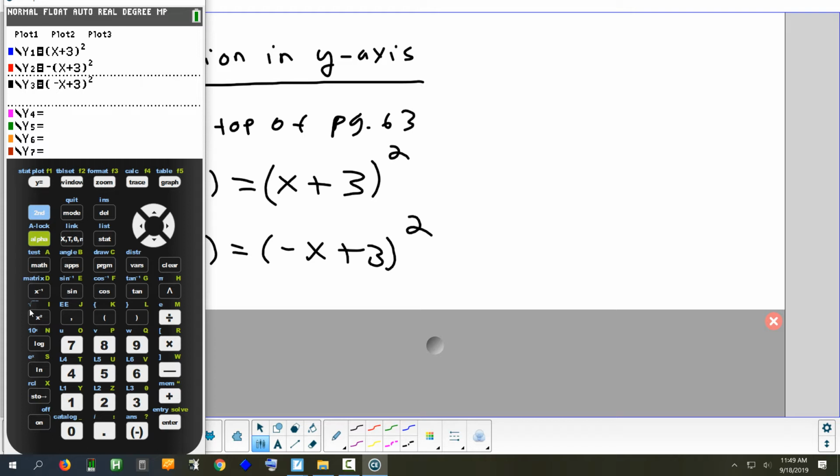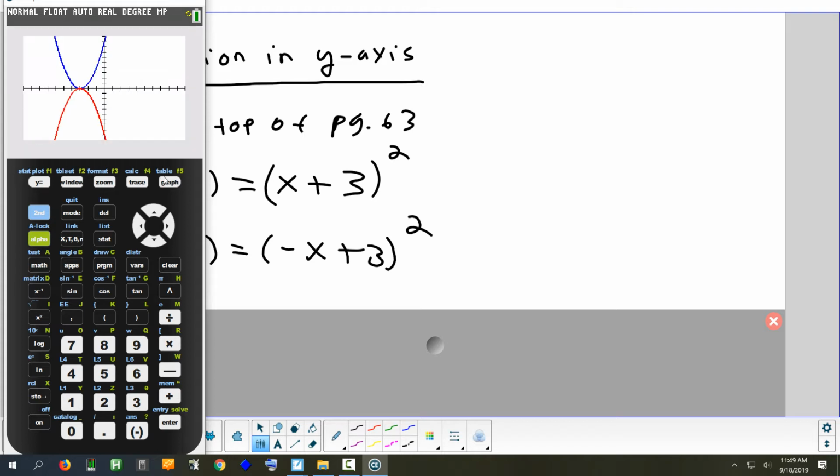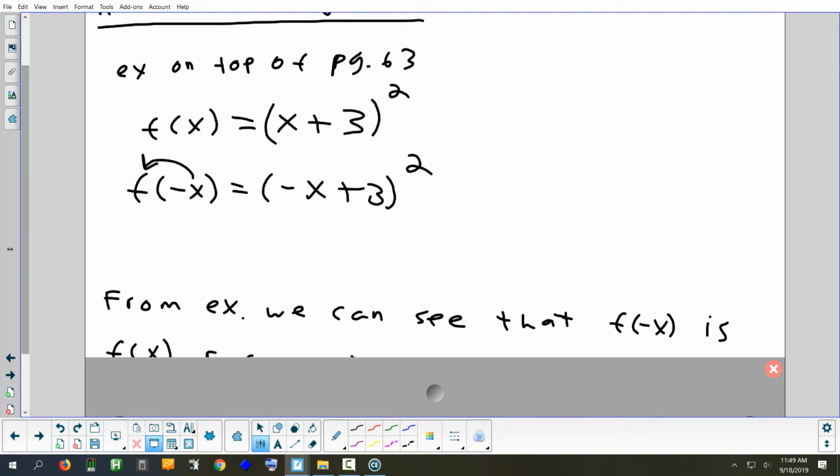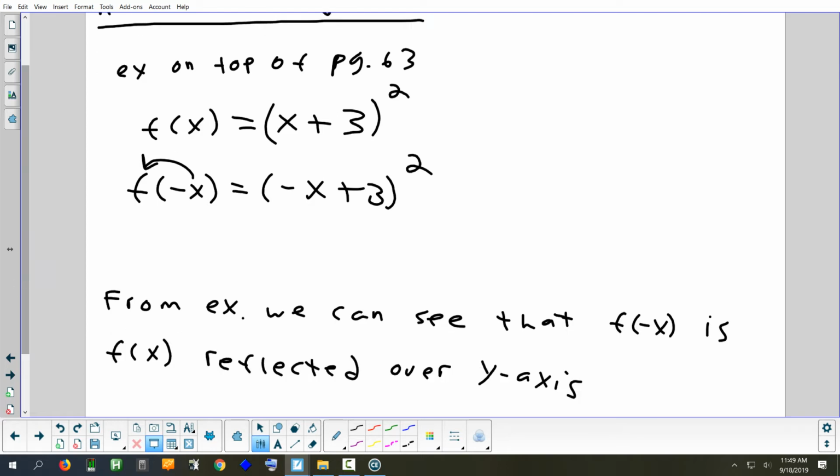Or y-axis. The y-axis. Watch the one in blue. Boom, mirror image over the y-axis. Right? So where you put the negative controls which axis it will reflect over. Okay? So from that example, you can tell that if you put the negative on the inside, it reflects over the y-axis. If you put the negative out in front, like this, that would reflect over the x-axis.